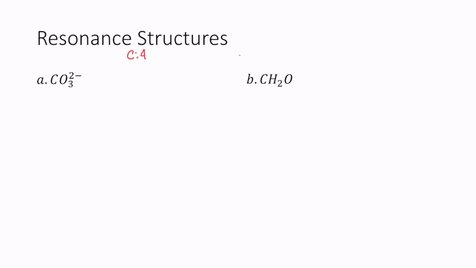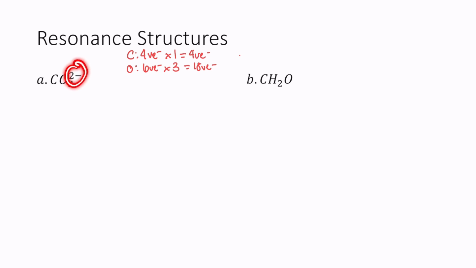Carbon has four valence electrons, and we have one of them. So that'll give us a total of four valence electrons from carbon. Oxygen has six valence electrons, and we have three of them, which will give us a total of 18 valence electrons. Now, this is different than the ones that we have done so far because there is a 2 minus charge.